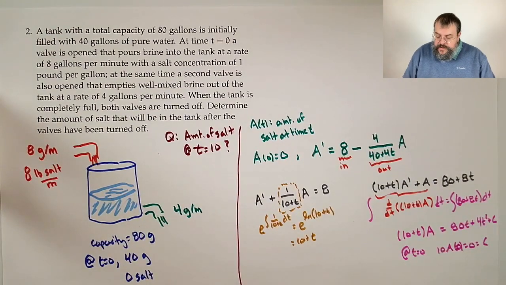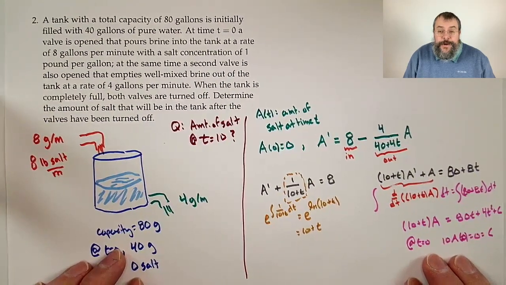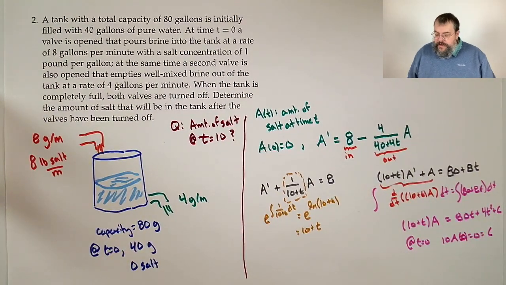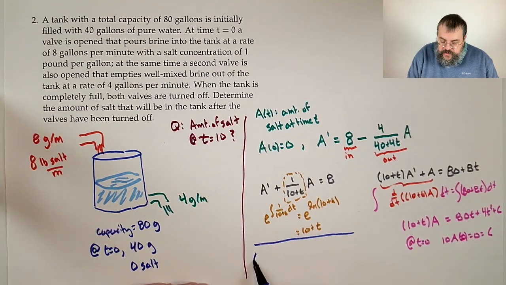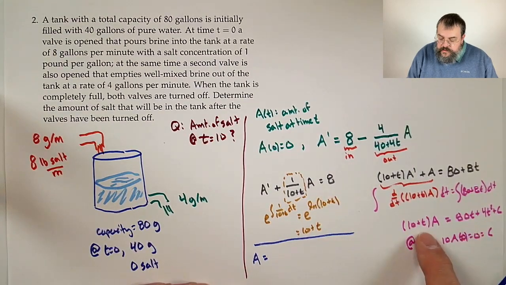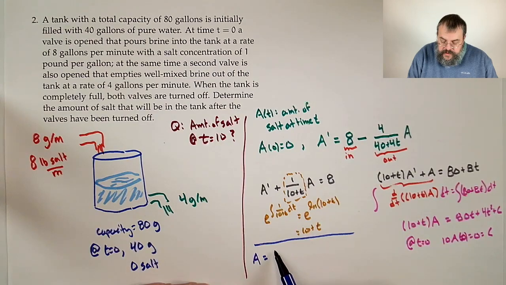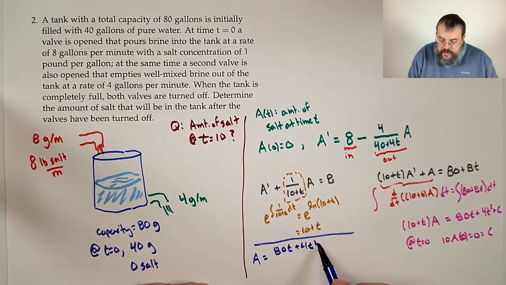Perfect. Now we're almost done. We're in the home stretch because we have what we need. We actually have the following explicit formula: A is equal to, we know c equals 0, 80t plus 4t squared divided by 10 plus t.